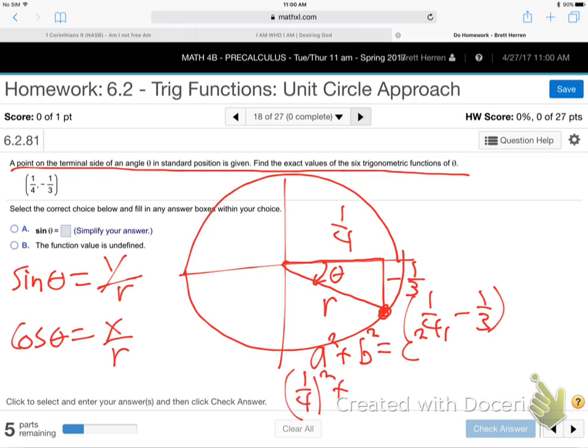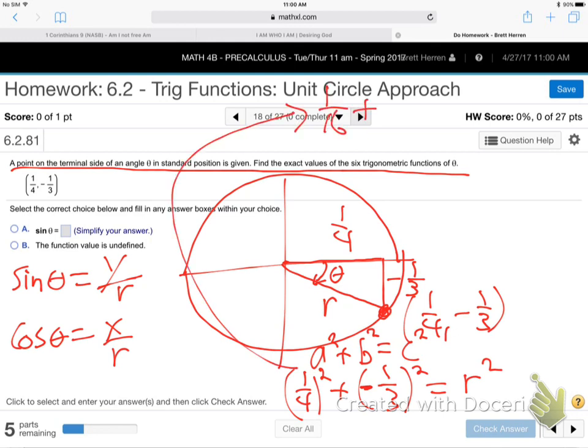So 1/4 squared plus minus 1/3 squared equals r squared, right? We're good to there. I'm kind of running out of room. Bring it up here. That'd be 1/16 plus 1/9 is r squared.